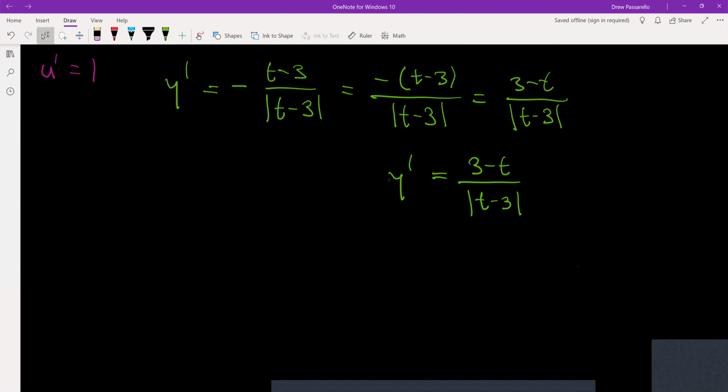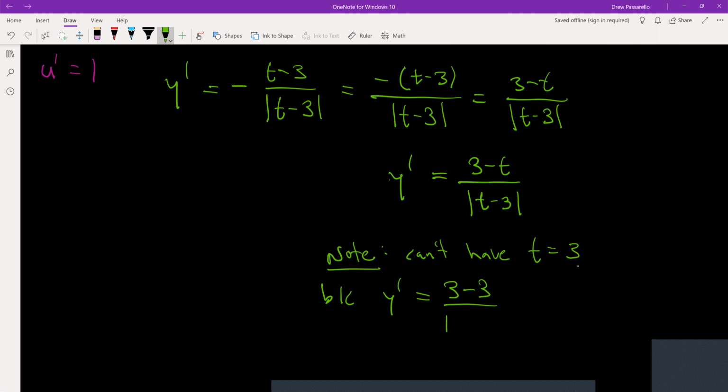All right, so I need to find critical numbers, and that involves finding any values for which the derivative doesn't exist, or any values for which you get 0 for the derivative. Now, because of the t minus 3 in the denominator, I'd say we can't have t be 3, because you have 3 minus 3 up top, and then the absolute value of 3 minus 3 on the bottom.